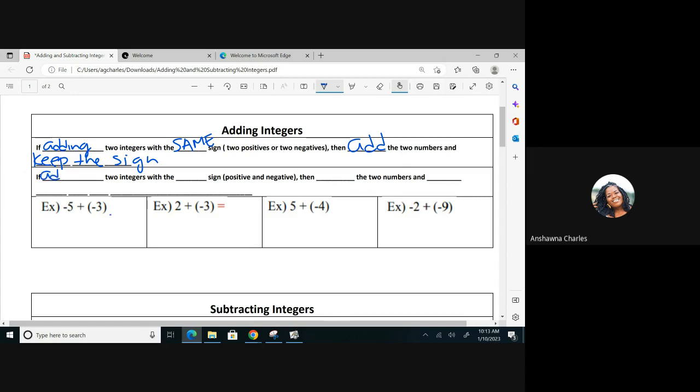If you are adding 2 integers with different signs, so you have a positive and a negative, then you will subtract the 2 numbers and keep the sign of the bigger number.